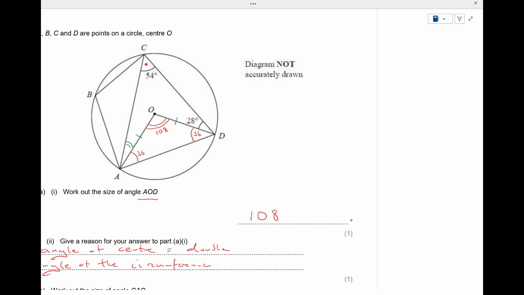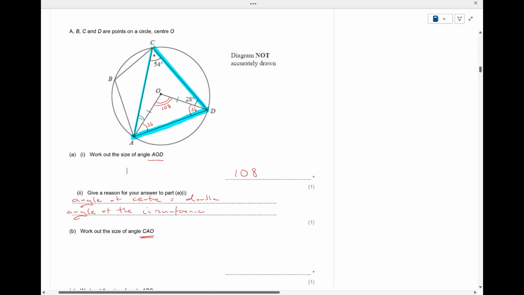Okay, now just a minute. Look at this. There to there to there. That's a triangle. You know, we've got 180 degrees in a triangle.